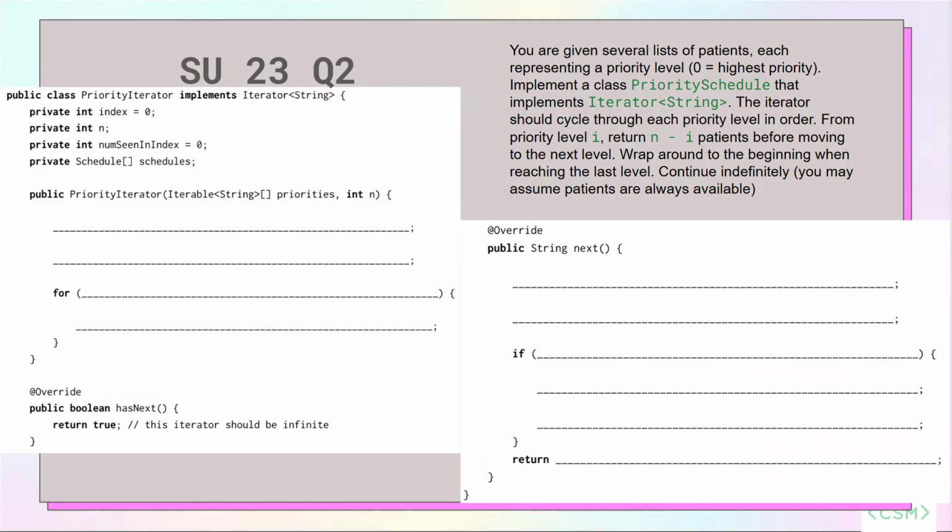The iterator should cycle through each priority level in order. From priority level i, return n minus i patients before moving to the next level. Wrap around to the beginning when you reach the last level, and continue indefinitely. This is like your question from earlier: if we're implementing the iterator interface, we have to define our own has next and next function. I'll give you some time to work on this. It is a little more involved than the last question.